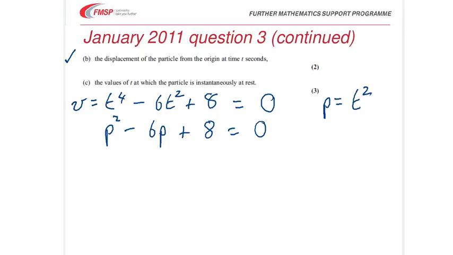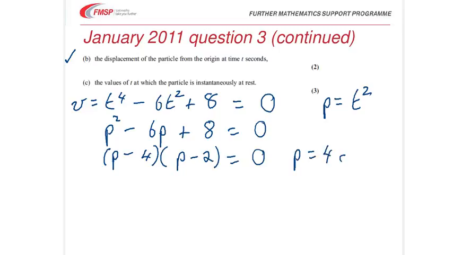Straightforward quadratic. It factorizes into p minus 4, p minus 2. So p is either 4 or 2. So t squared is 4, that means t is 2.